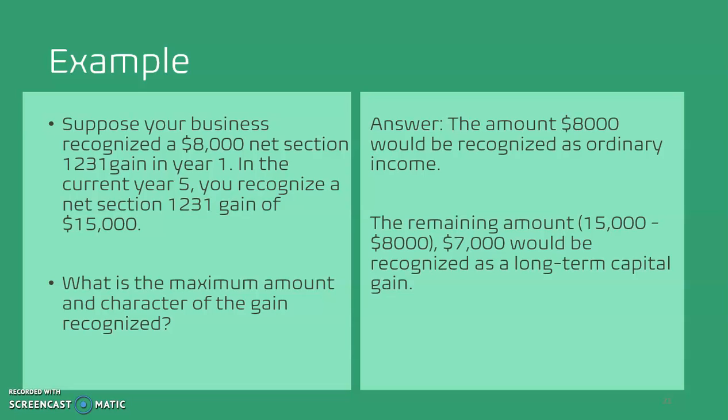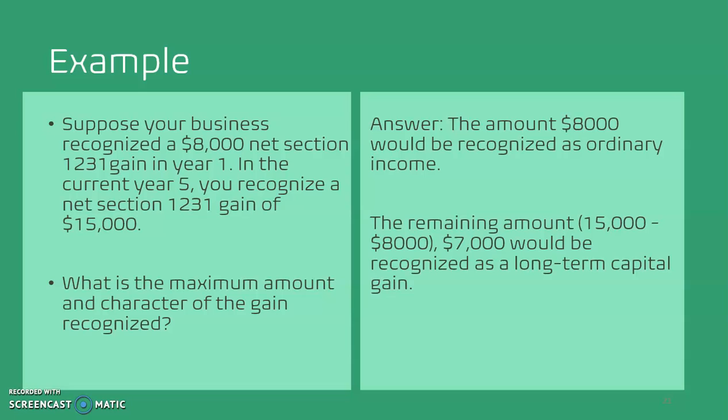So let's look at an example. Suppose your business recognized an $8,000 net Section 1231 gain in year 1. In the current year, year 5, you recognize the net Section 1231 gain of $15,000. What is the maximum amount and character of the gain recognized?